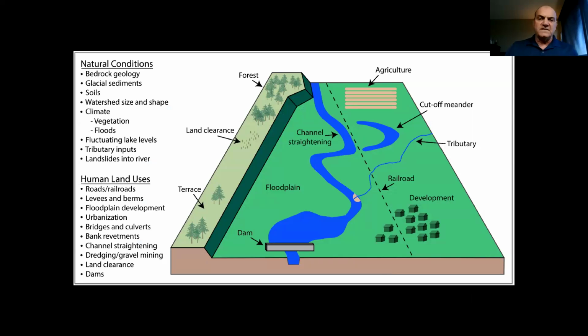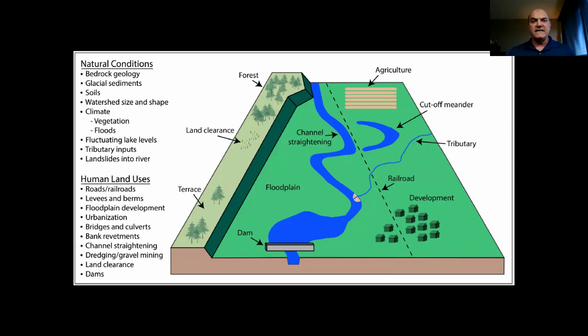So, what sorts of things upset that sediment movement? Because that's where we start to see the dramatic erosion and dramatic deposition, where that sediment transport is changed rapidly.